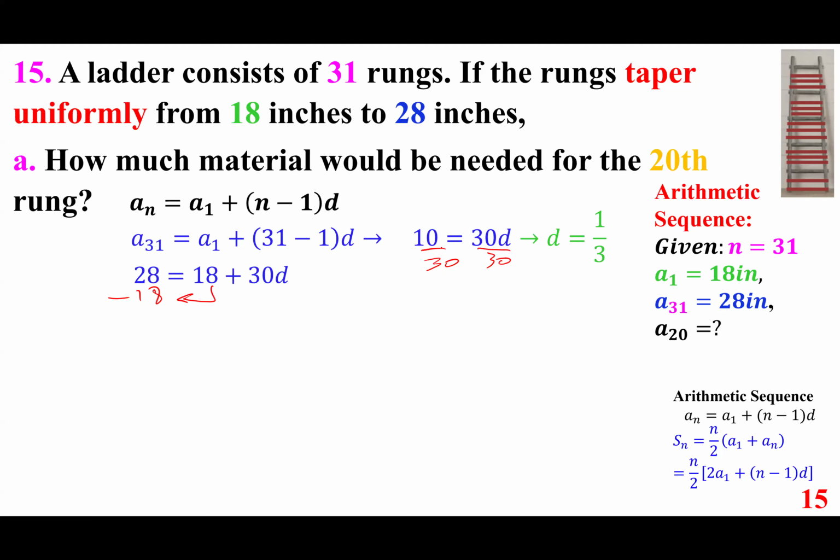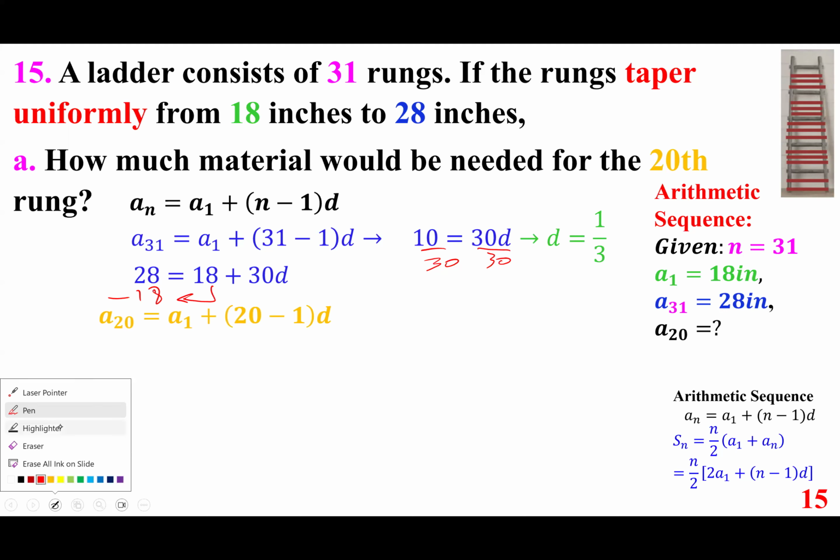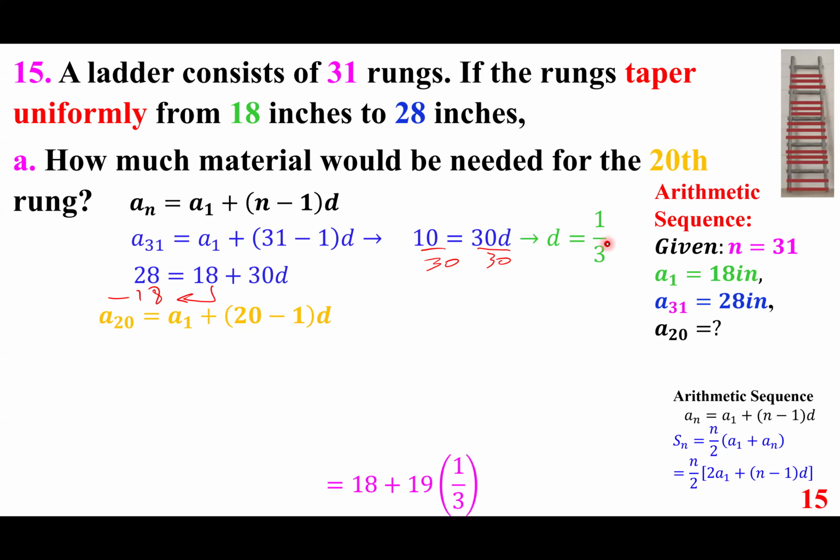So what is A sub 20? A sub 20 is A sub 1 plus 20 minus 1 times D. A sub 1 is 18. 20 minus 1 is 19, and D we found to be 1/3.